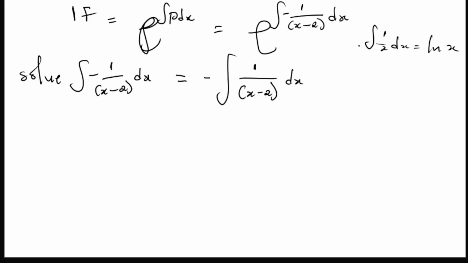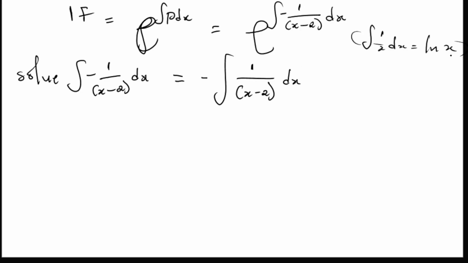Now apply this concept here. If you apply this concept here, you can simply call what you have here x. Remember, your minus is still outside, so you will now have minus the integral of 1 over x minus 2, and that will give us ln of x minus 2, right?